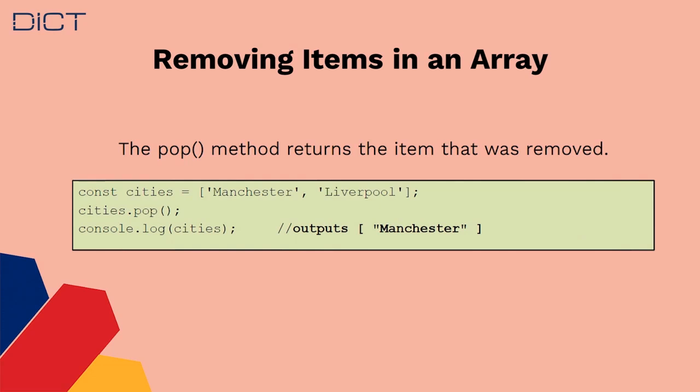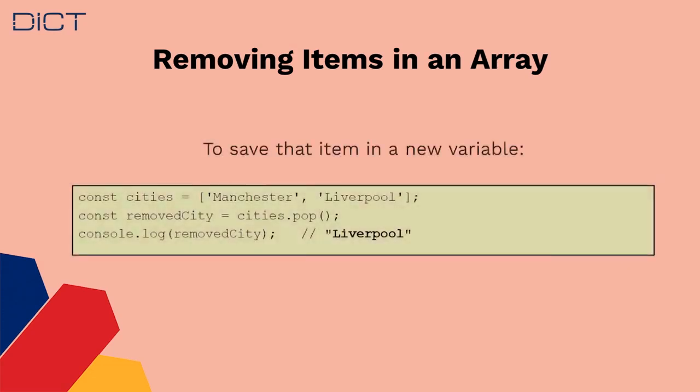Okay? The pop method returns the item that was removed. To save that item into a new variable, you could do something like this. So const cities, declare the array, then put elements inside the square brackets, Manchester and Liverpool. Then const removedCity, declare another variable.